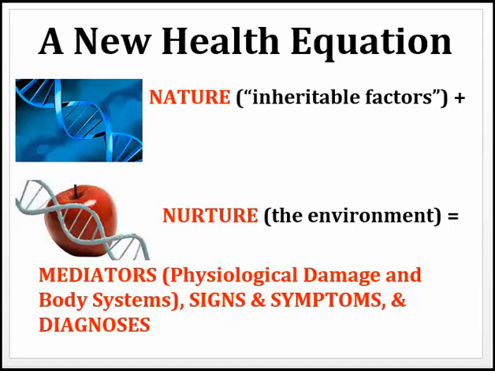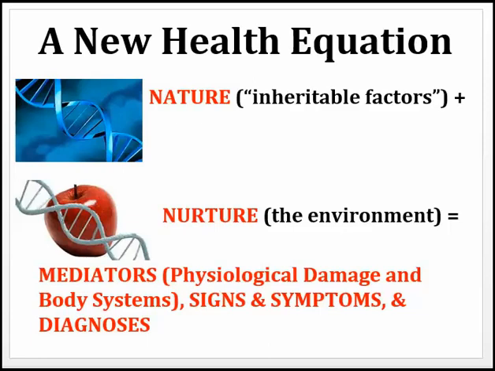So if we break it down, nature is our inheritable factors like our DNA. And how that DNA bathes in the environment, diet, and lifestyle will produce mediators, some that we can detect and some that we can't.